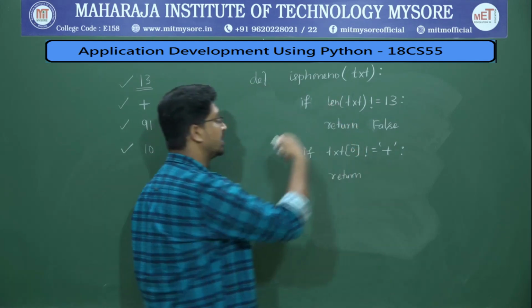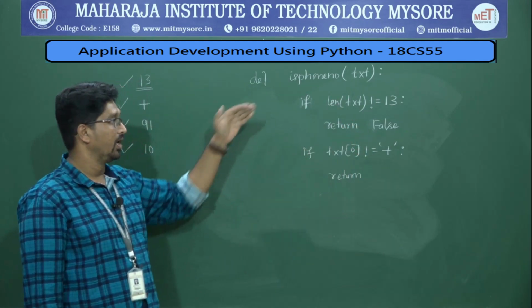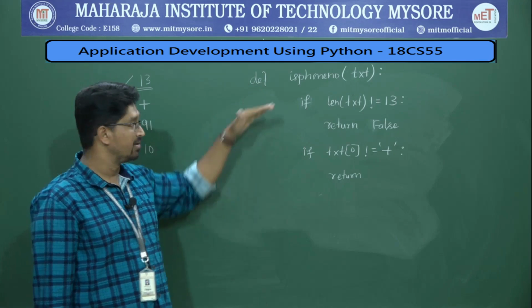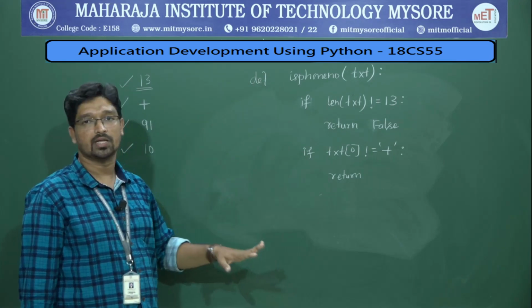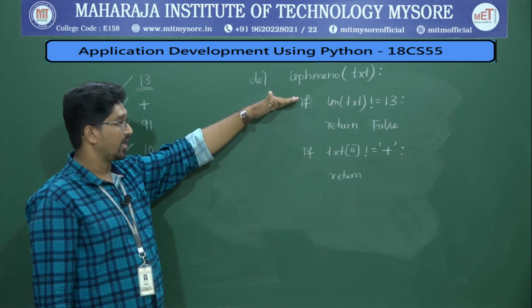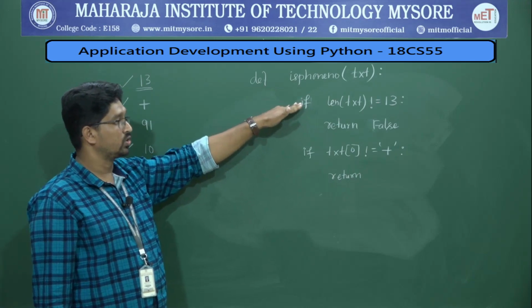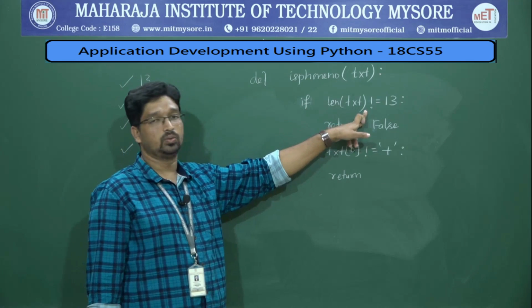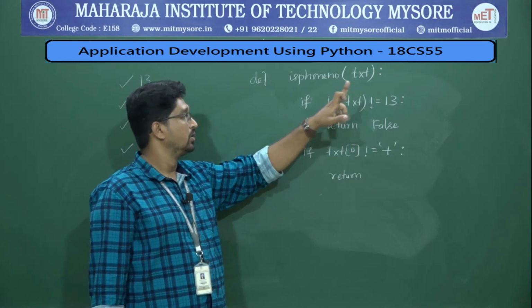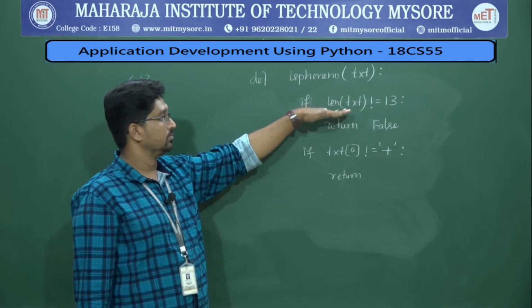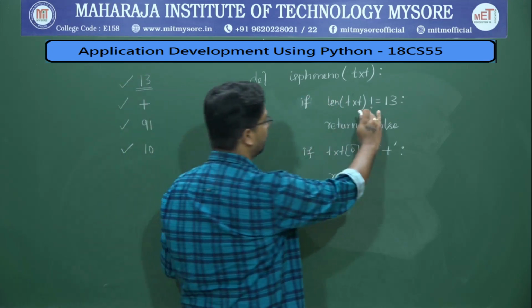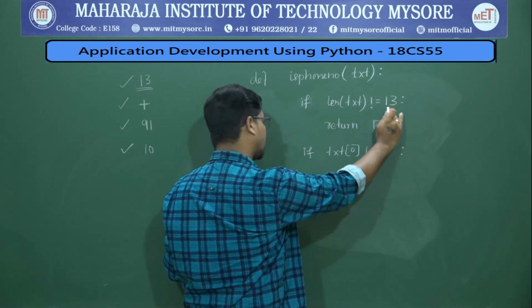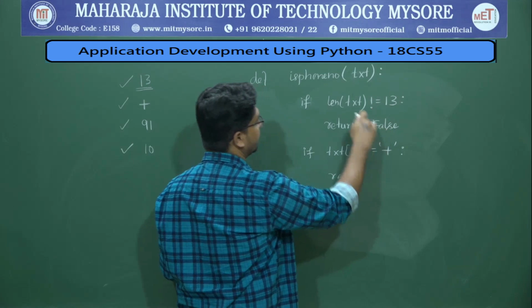I am not writing an else if ladder here, because if I perform an else if ladder, it will check only one condition and it will not check the other conditions. So here, if the condition is true, return false. I am writing not equal to: if length is not equal to 13, if it is true, then return false.